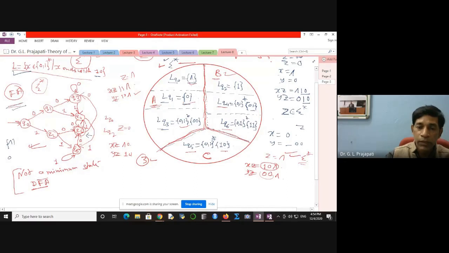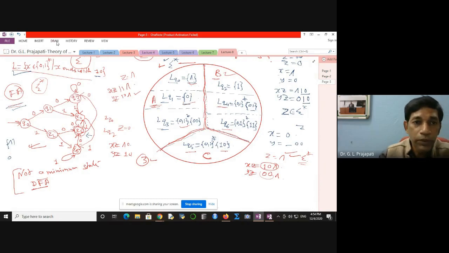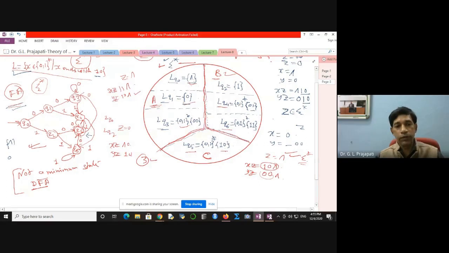This means for obtaining the minimum state DFA, you need to merge the states Q0, Q1 and Q3. You need to merge because you have seen that on Q0, Q1 and Q3, your FA goes to 3 different places and they are in one equivalence class. So whenever you are going to obtain the minimum state DFA, you have to see which of the states you need to merge. So how would you know?